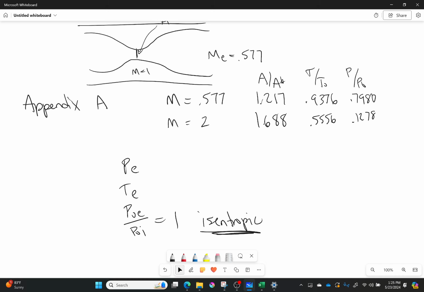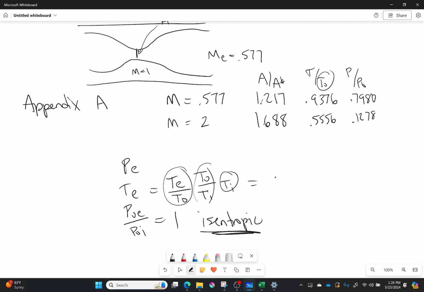Now let's find out what our exit temperature is, okay? That will probably be the easiest thing. Now, since it's isentropic, we know my stagnation temperature stays the same the entire time. And so I can use that to help me out. So this is going to be equal to T exit over T naught, and I also know what T naught over T inlet is, so that's T naught over T inlet times T inlet. So I have this one from the tables. I have this one just inverted from the tables. I know what that is. So I can plug all those in.